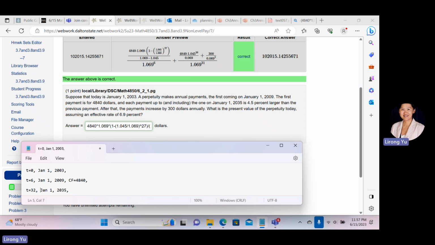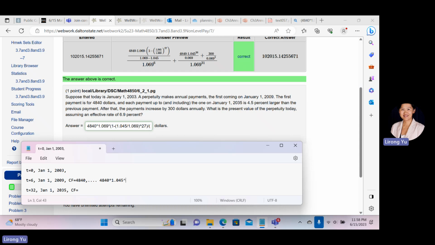To count the timeline, each payment is 4,840 times 1.045 of the one before, and that depends on the number of years.